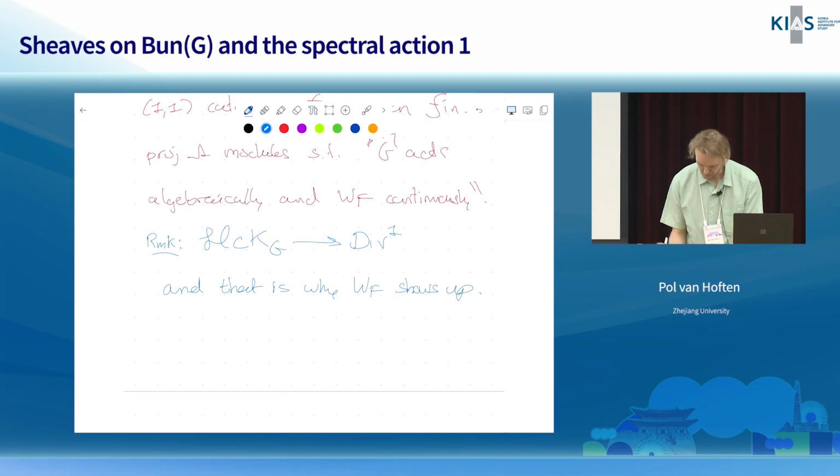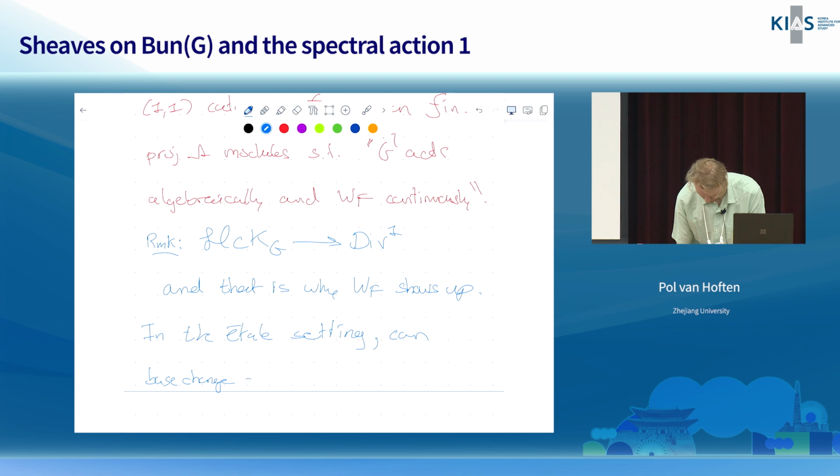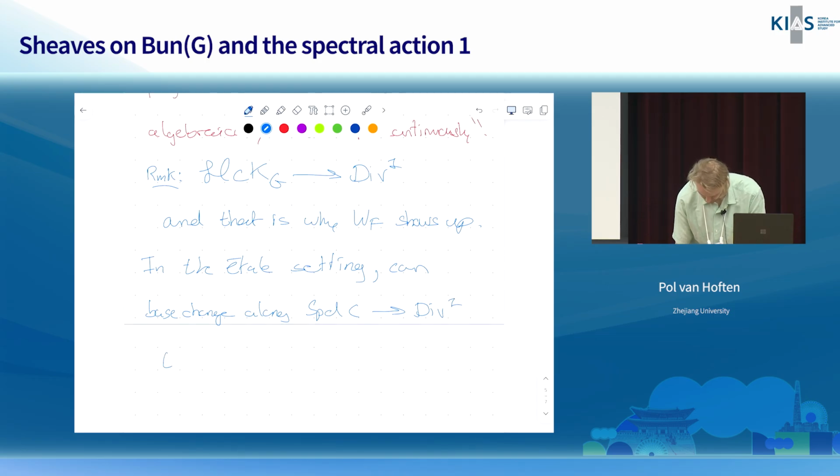Okay? So in the étale setting, you can base change along Spd C to Div1 to get the local Hecke stack of G over C just being reps of G hat.